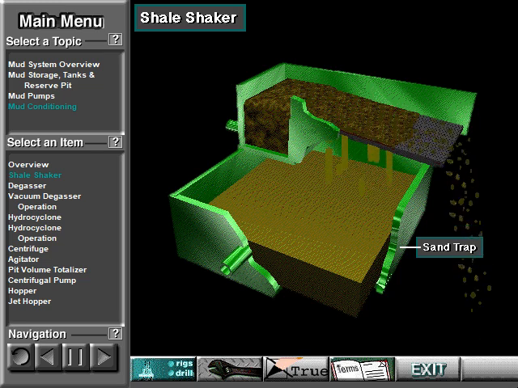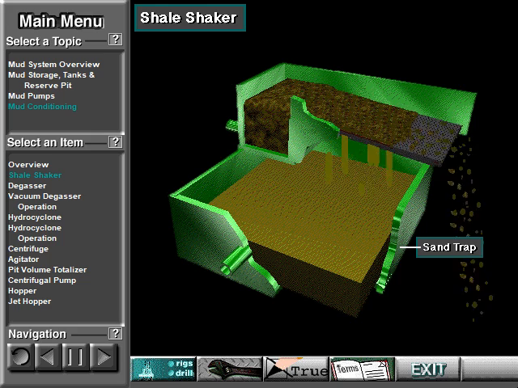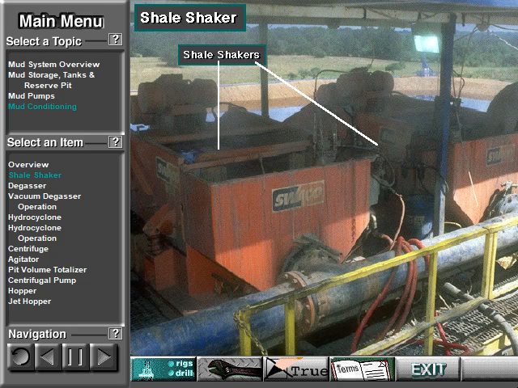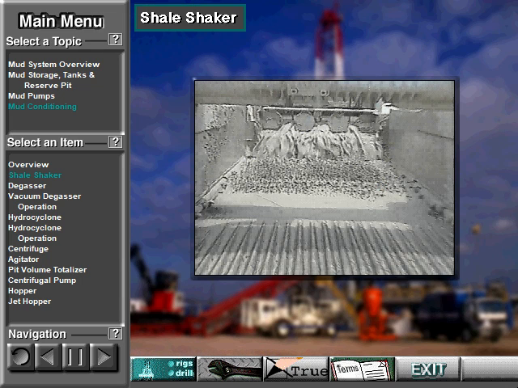The liquid mud goes into the sand trap, which is a special mud tank. Shale shakers look simple. In fact, though, manufacturers carefully design them to make the screens vibrate in a very controlled way.